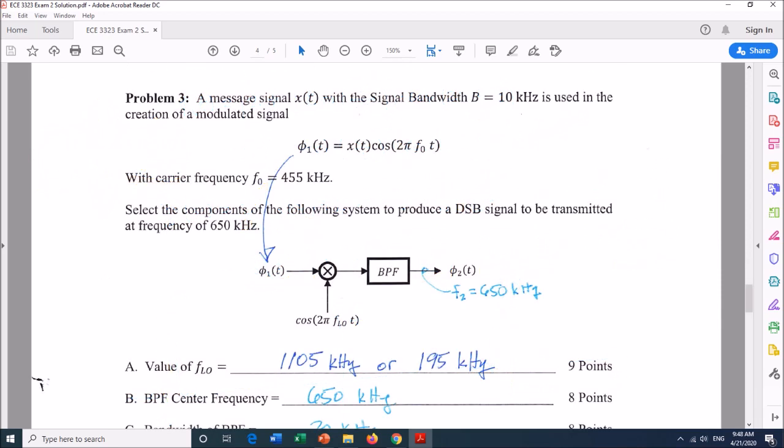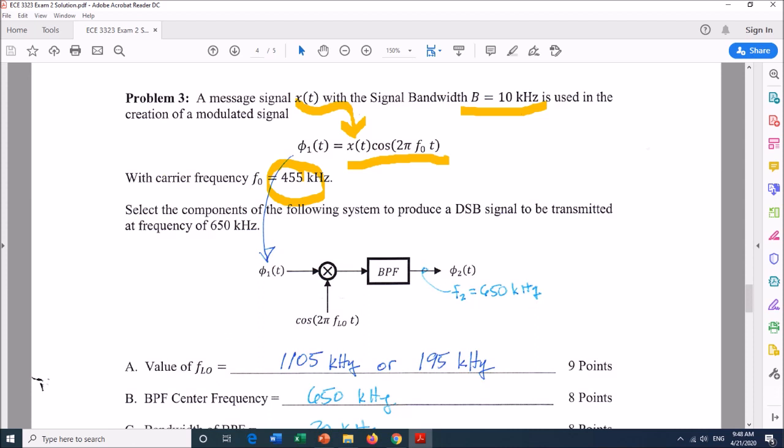Number 3, we're taking a message signal with a bandwidth of 10 kilohertz, and that's used to create this modulated signal. So here's the message signal with a bandwidth of 10 kilohertz multiplying a carrier at frequency f0, which happens to be 455 kilohertz.